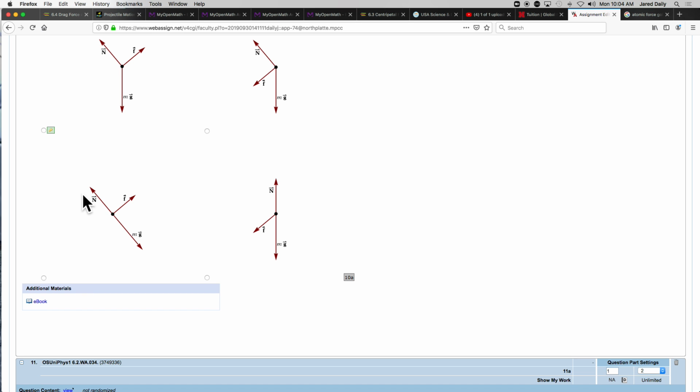The weight in the parallel direction, if this is theta, is equal to mg sine theta. So in order for this book to sit still, the friction force has to be what compared to mg sine theta? It has to be greater. That has to be true, and it needs to either be greater than or equal to it, right?